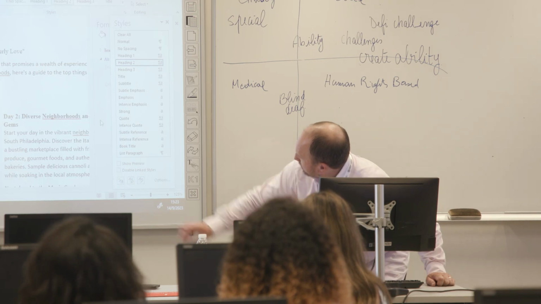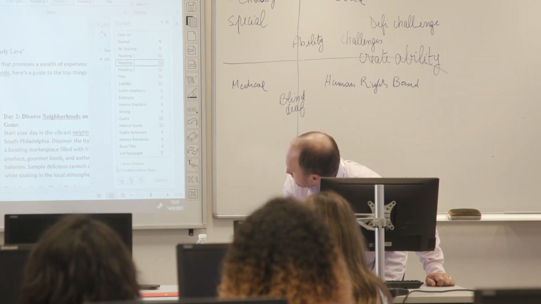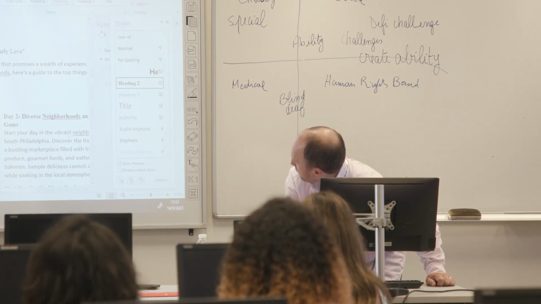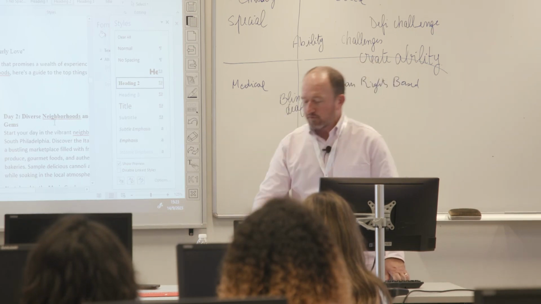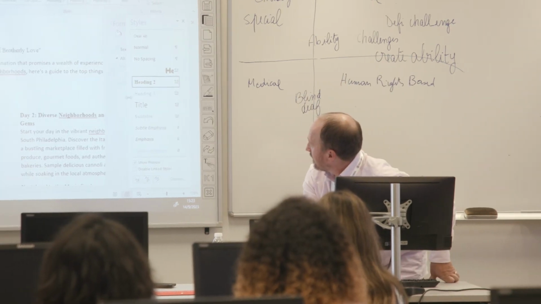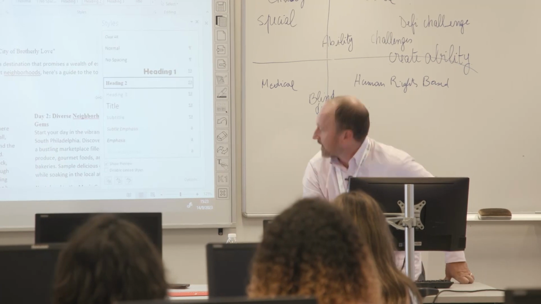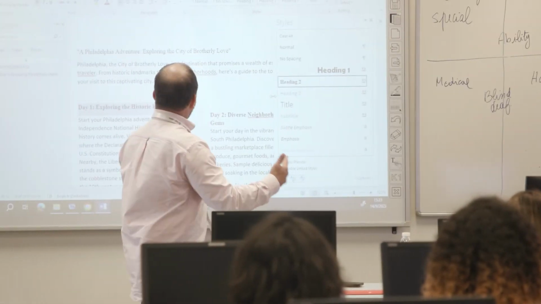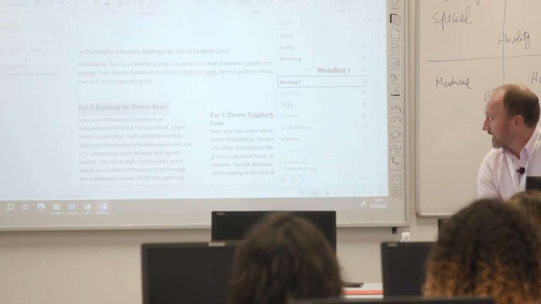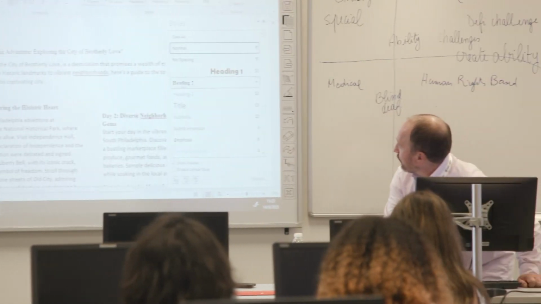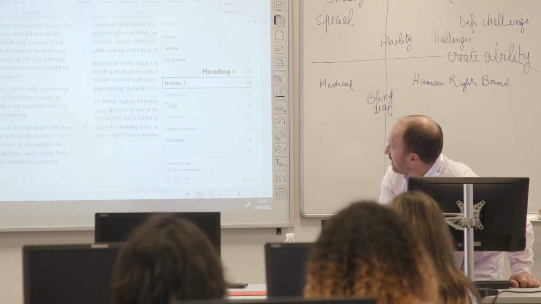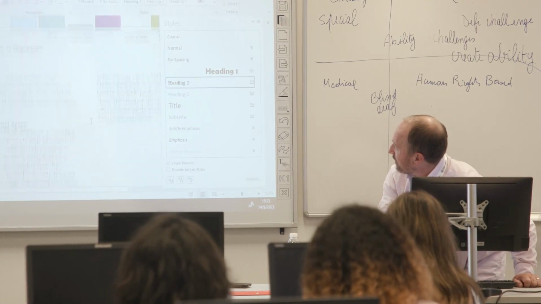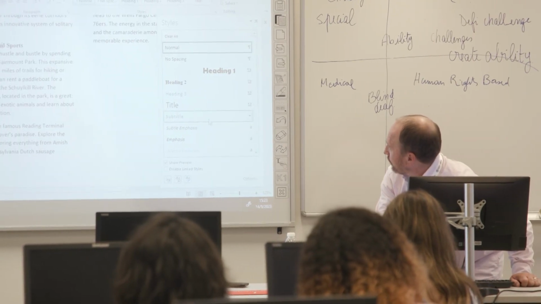And at the bottom of the styles panel, I'm going to turn on show preview. That way in my styles pane, you actually get a preview of what those headings look like. And now what I would need to do, guys, is come over here, click on heading 2, right? Come down here, click on heading 2, right?